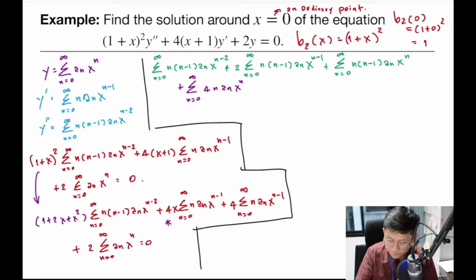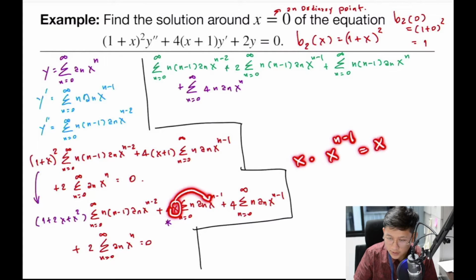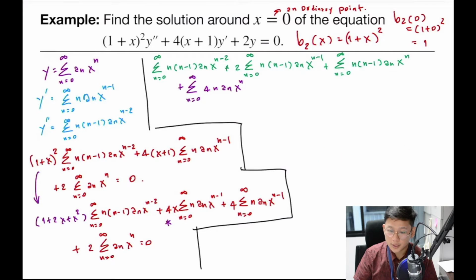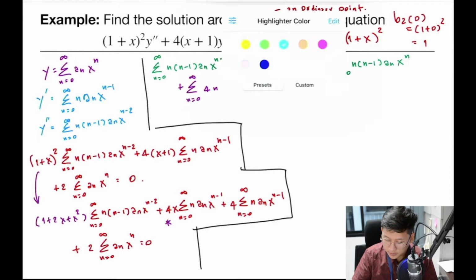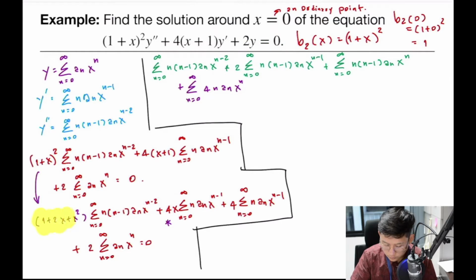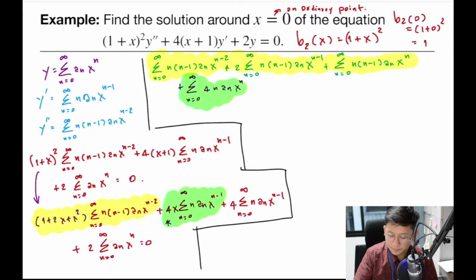Because I have x here, x times x to the n minus 1, that is x to the n. Guys, just in case you get confused, this yellow part here, you get this yellow part here. And now this is the green part, and you get the green part.